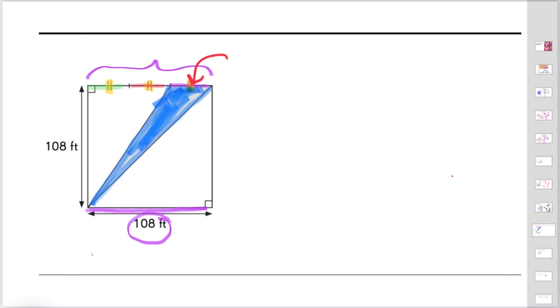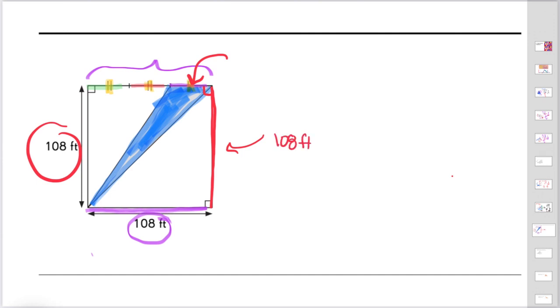And if I find that measurement, then I can see that this red line forms a 90-degree angle with that purple line. So the purple line could be my base, and this red line could be my height. And I can see that the opposite side is 108 feet.